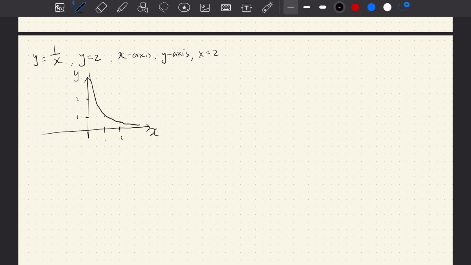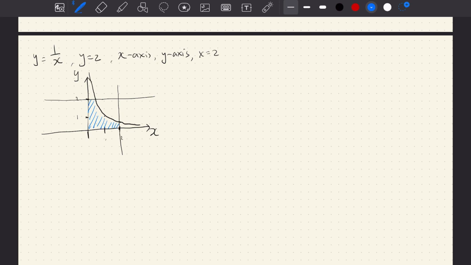And here we also have y equals 2. So y equals 2 should be this line, which is parallel to the x-axis. And now we have the x-axis, y-axis, and x equals 2, okay? So you can see that the area enclosed by these 5 curves should be this, okay?